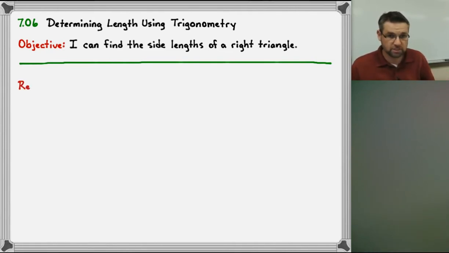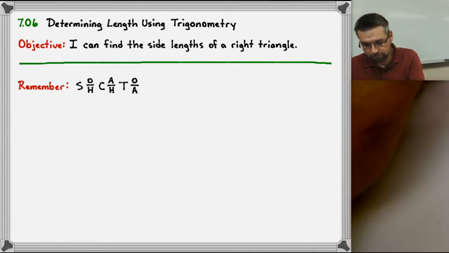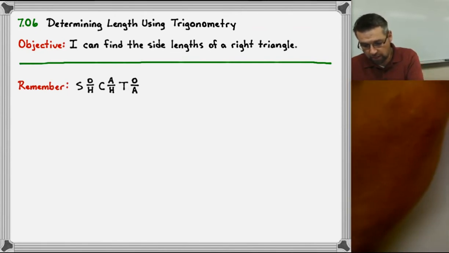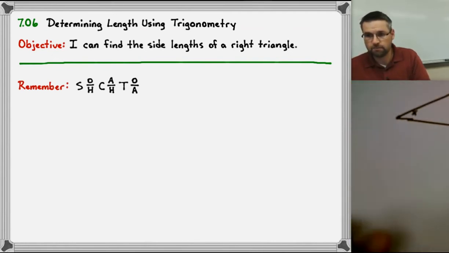Before we get into it, remember the acronym. The acronym is SOHCAHTOA. Well, how do you spell that? How do I know how to spell that? Well, in each of the three functions, sine, cosine, and tangent, they each represent a relationship between two different sides. So if you're thinking about a triangle, and you have an angle here, right?